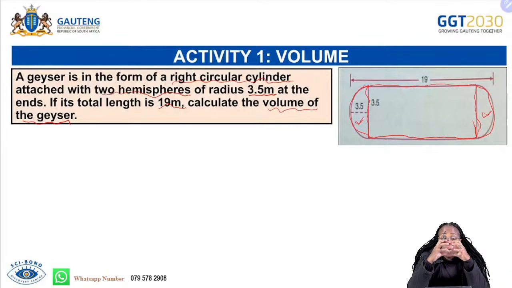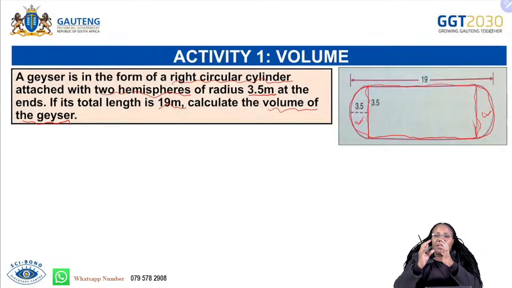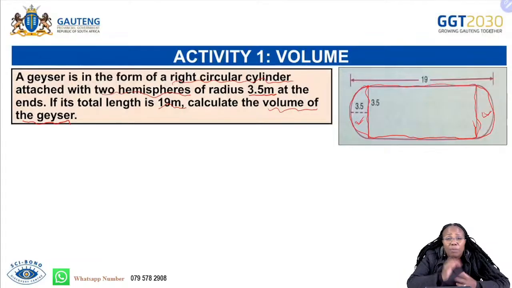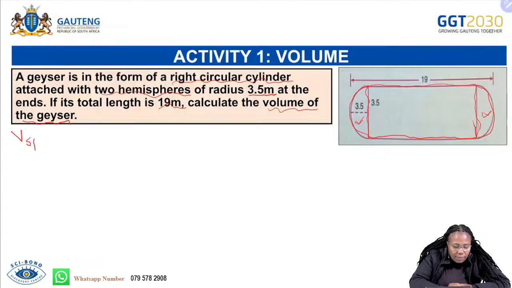So that means we are looking at the volume of a sphere plus the volume of a cylinder in order to get the volume of this particular geyser. Okay, so it's the combination of those two shapes. Now we can start, because we now understand that we need to calculate what? The volume of a sphere.